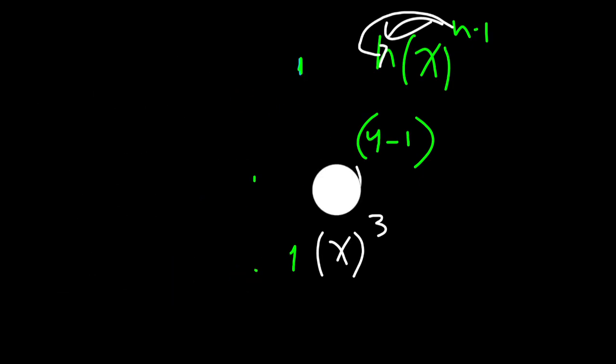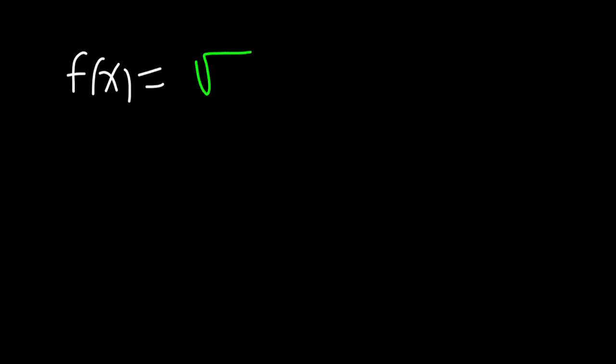I'm gonna do one more decently complex version of this, and then we'll call it a day. Let's do the derivative of, we're going to do f of x equals, this is going to be very tricky, the square root of x. Go ahead and pause the video so you can do it. So, how are we going to solve this?